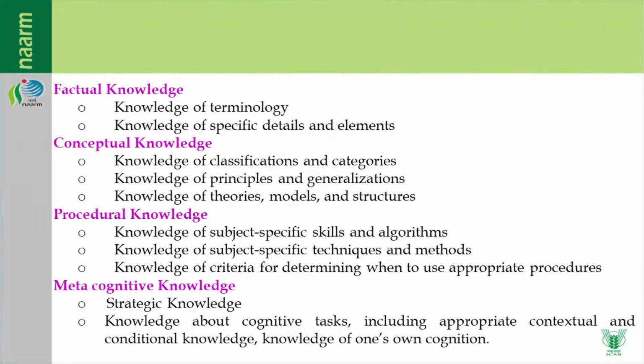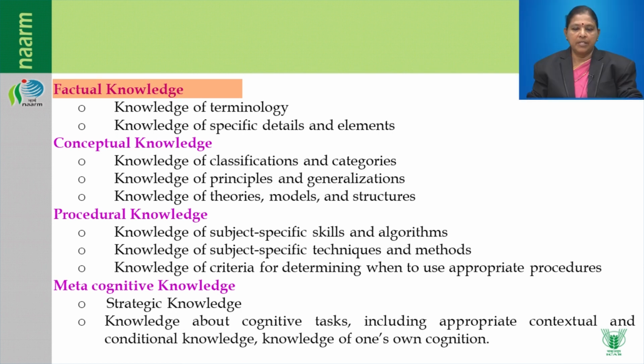So, here in the revised Bloom's taxonomy, knowledge is divided into four types: factual knowledge, conceptual knowledge, procedural knowledge, and metacognitive knowledge. Factual knowledge means in every subject, in every discipline, there are certain elements which are fundamentally known, and the knowledge about these fundamental elements is known as factual knowledge.